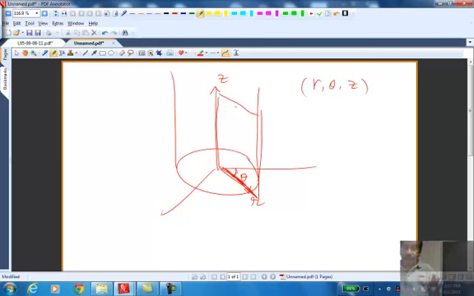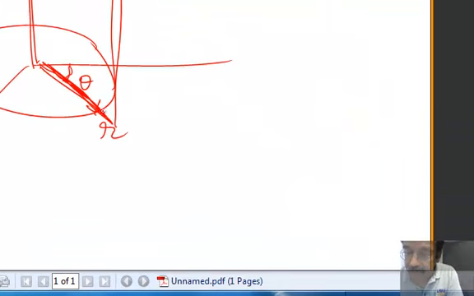Okay? So the question I was actually going to ask you is, in such a coordinate system, at every point, I will have an r line going through, a theta line going through, and a z line going through. Okay? What would be the angle between them? Will it be orthogonal? Will it be perpendicular? Okay? So for example, I take a point here.